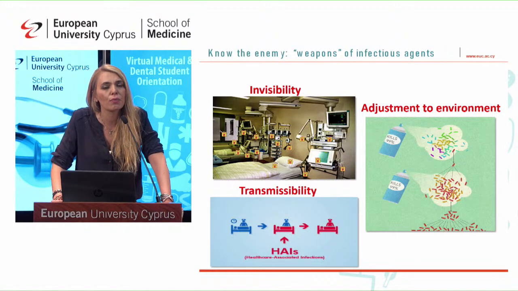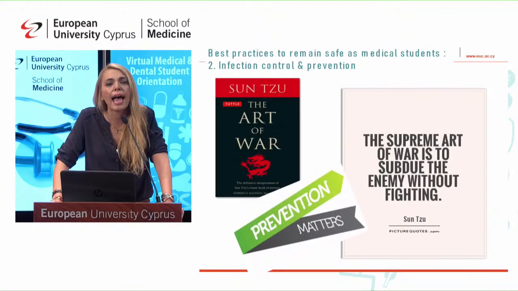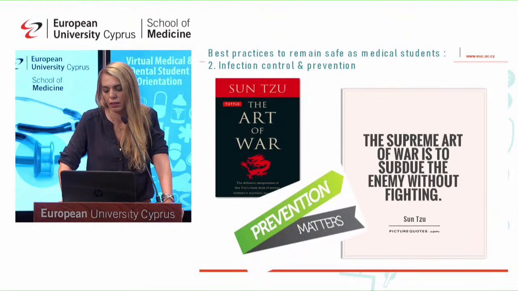They can adjust very easily. And the most important thing that I would like you to remember in your future careers is about transmissibility of infectious agents. We do have outbreaks also inside the hospitals, not only in the community.